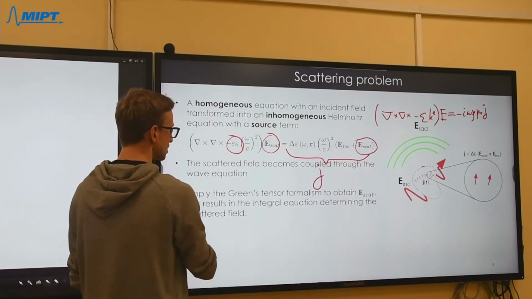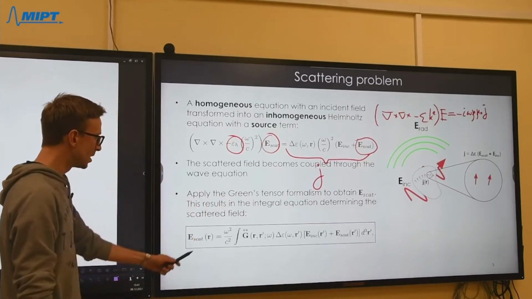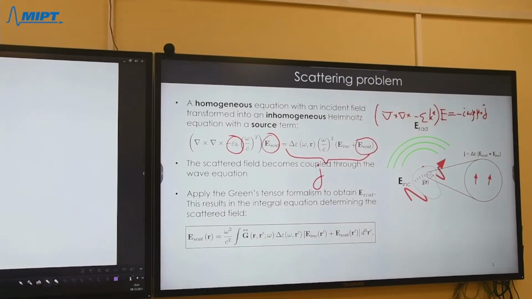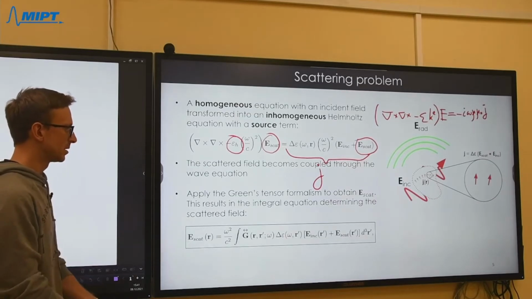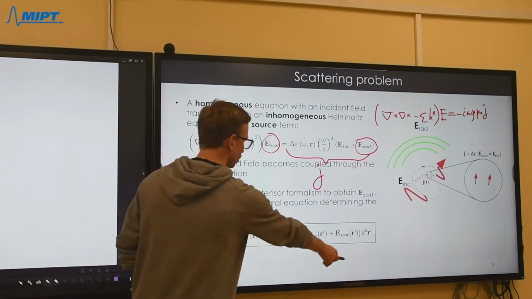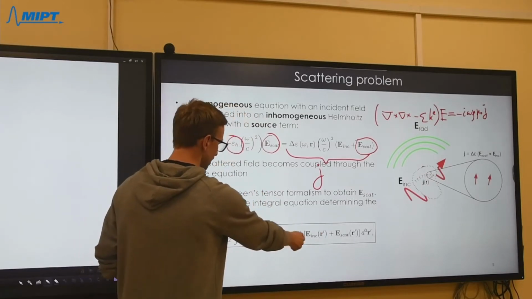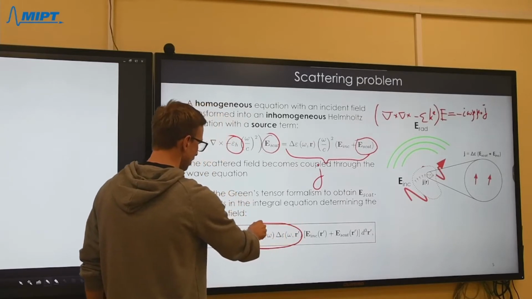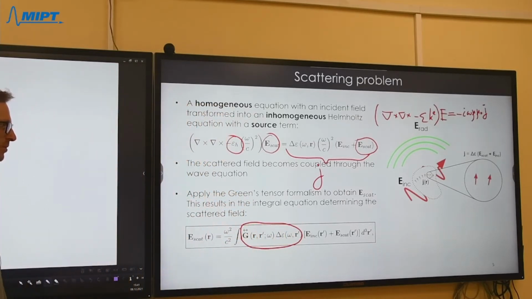And if we do this, if we apply the Green's tensor of the medium, we end up with this. Something that looks like an integral equation, because the scattered field depends on the integral over entire space, integral with a certain kernel function. In the theory of integral equations, this is called the kernel of the integral equation.